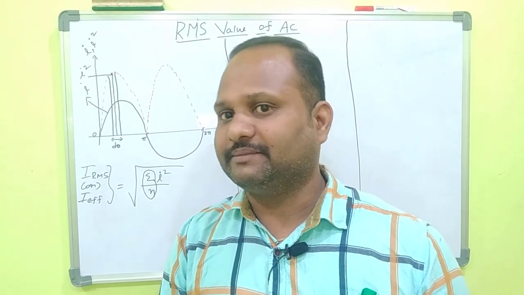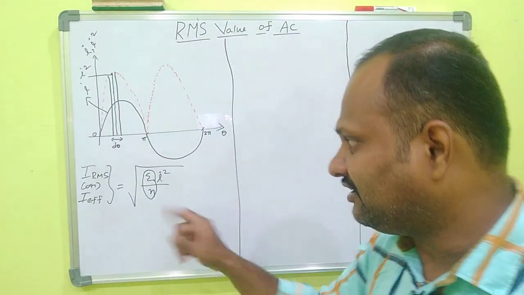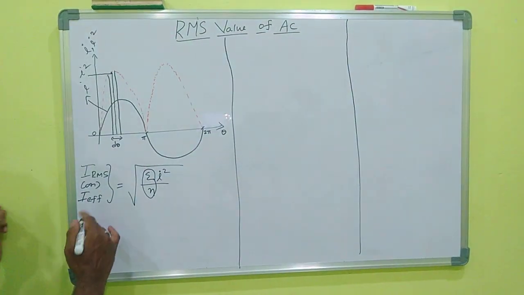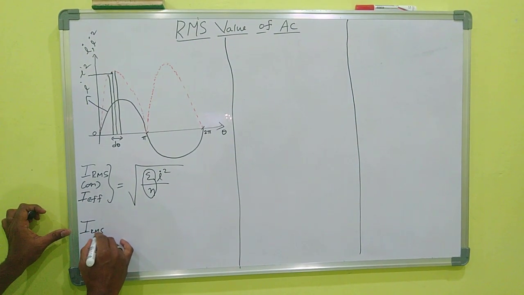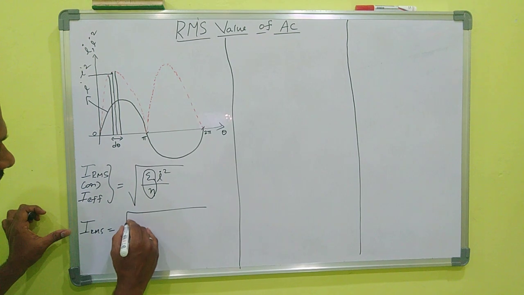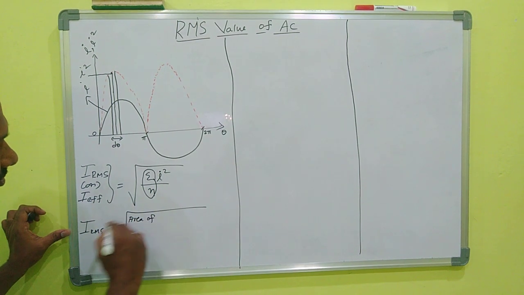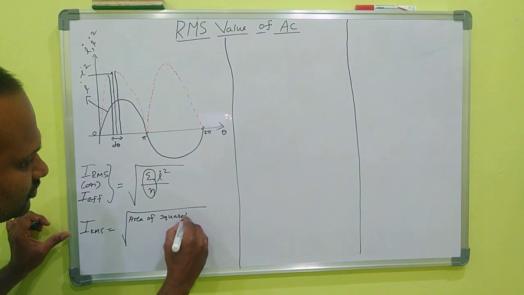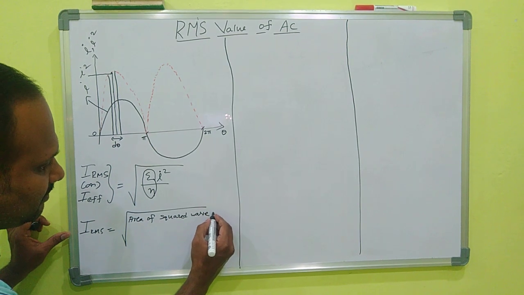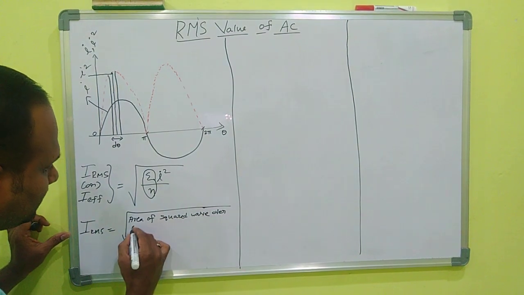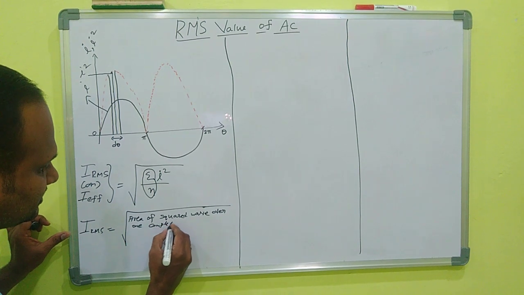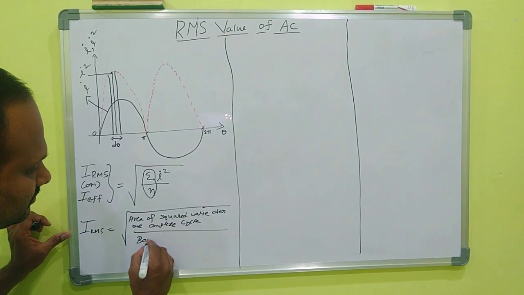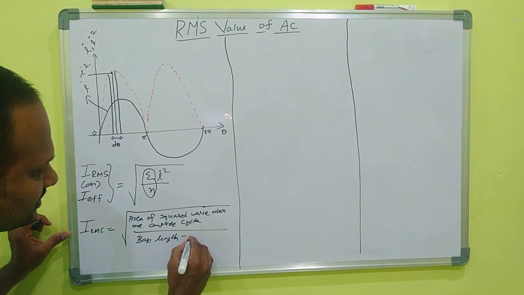Good. The question is how to find IRMS in expression form. IRMS is equal to the square root of the area of the squared wave over one complete cycle, divided by the total base length of one cycle.